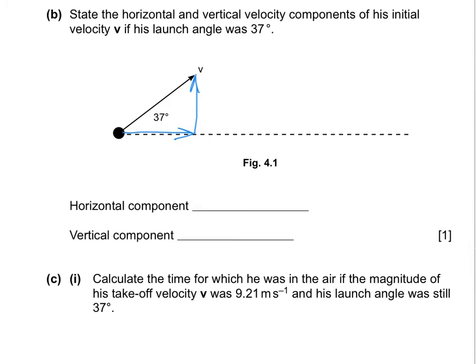So v has these horizontal and vertical components, and one of them is v cos theta, and one of them is v sine theta, and it depends on whether these lines are opposite or adjacent to that 37 degrees.